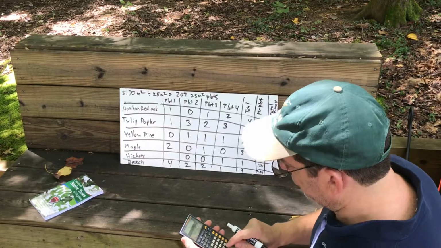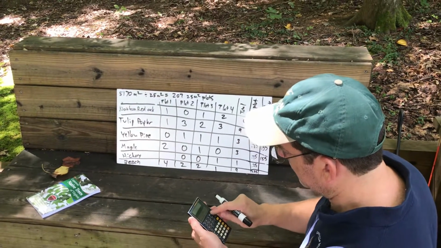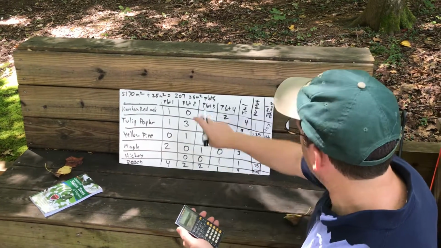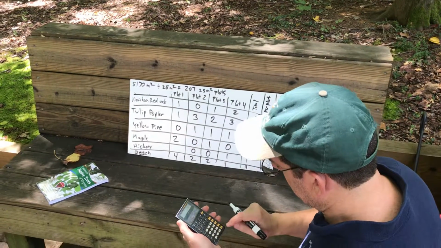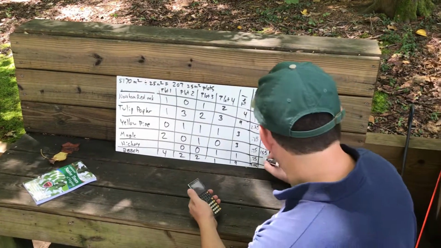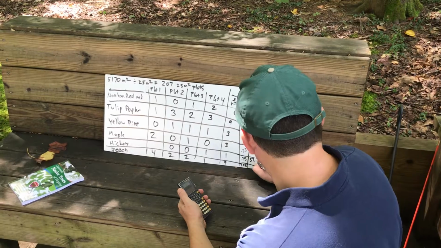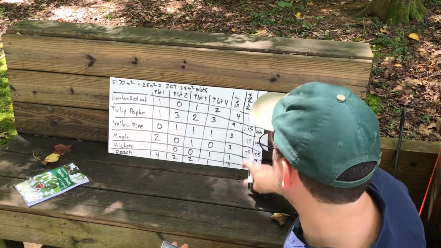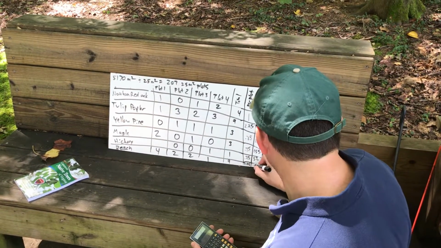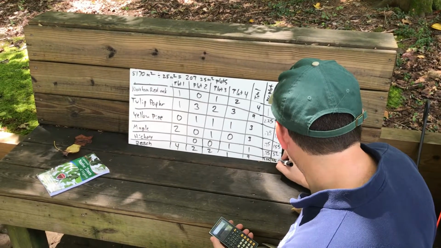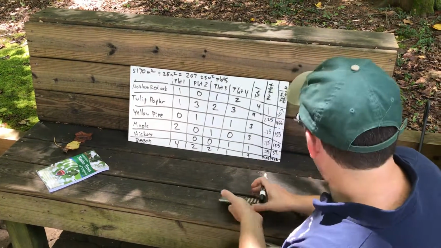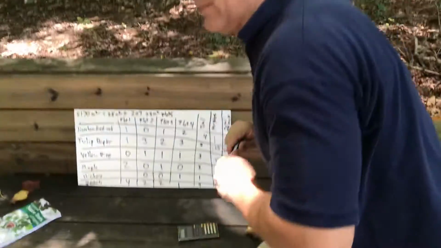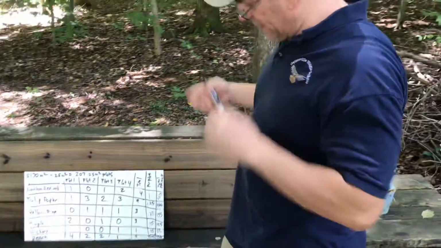Hickories, we only had 0.25, so we're going to do 0.25 times our 207. And I'm going to estimate there to be 52 of those on our property. And the beeches was the same as the poplars, which is going to be 466.